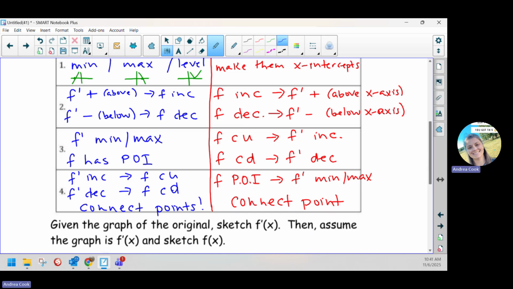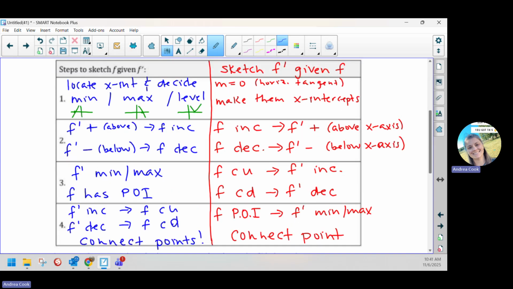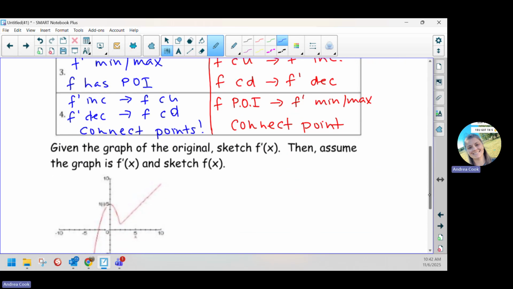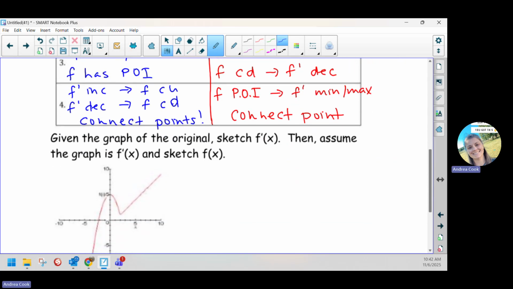All right, so this is a difficult concept. Today, like I said, we're going to focus on this red part. And then tomorrow we'll do the opposite way. So we are going to, given the original sketch f prime, cross off these instructions, and this is what we're going to do for the 3 graphs on your notes.